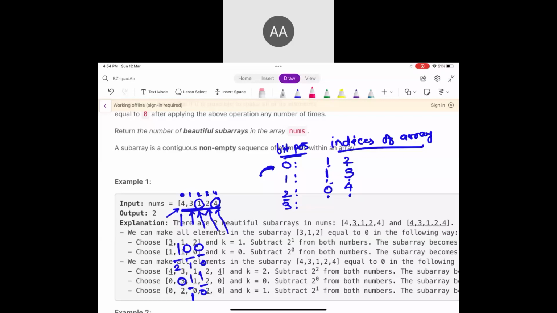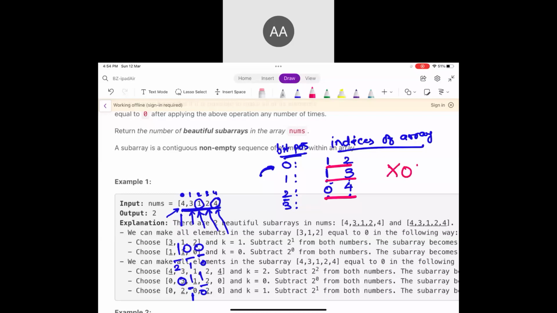Yes, so if there are an even number of numbers which have a particular bit set, then we can reduce them to 0 easily. And if I have an even number of numbers whose bits have to be reduced to 0, then XOR comes to our mind.